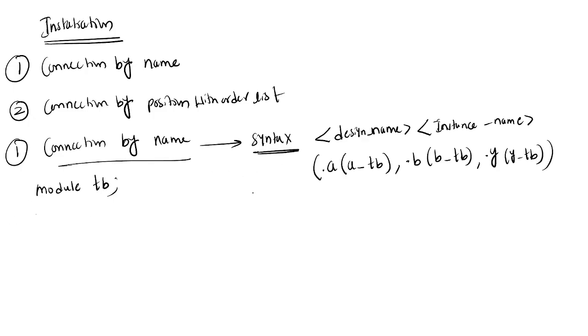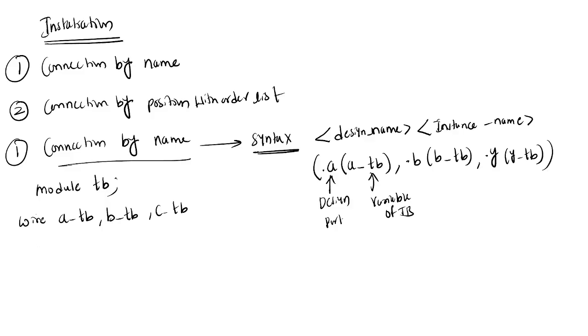This is nothing but the design port, and this is the variable of the test bench. So first you declare the test bench variables: a underscore tb, b underscore tb, and y underscore tb.